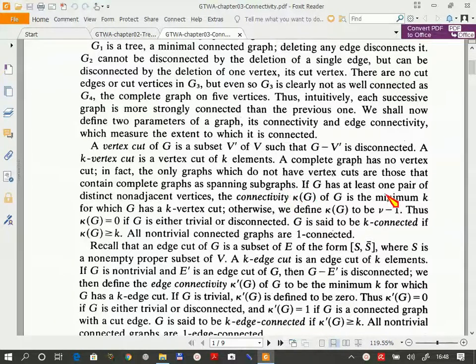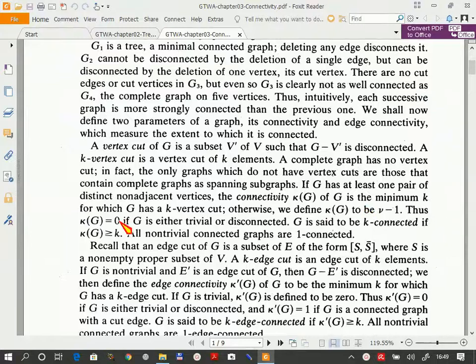Kappa of G is the minimum K for which G has a K vertex cut. Otherwise, meaning if your graph is substantially a complete graph, you define kappa of G to be simply n minus 1, the number of vertices minus 1, even if there is no n minus 1 vertex cut.